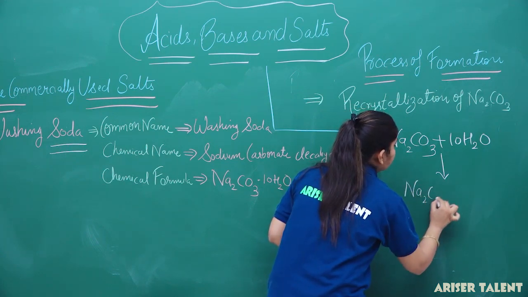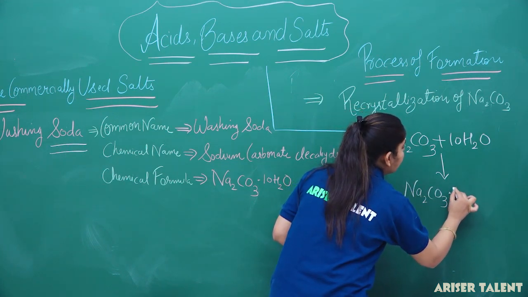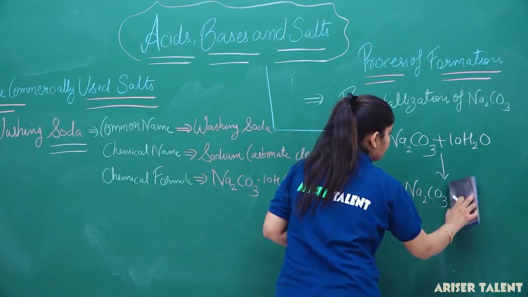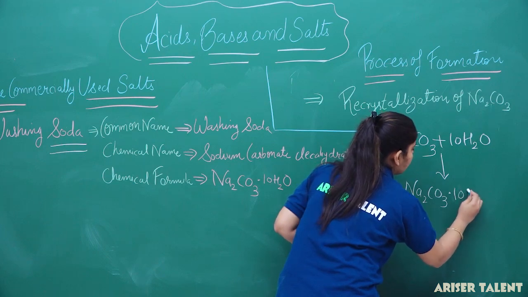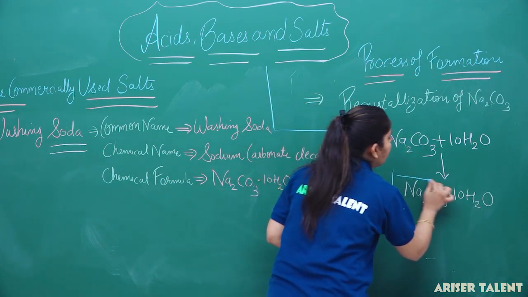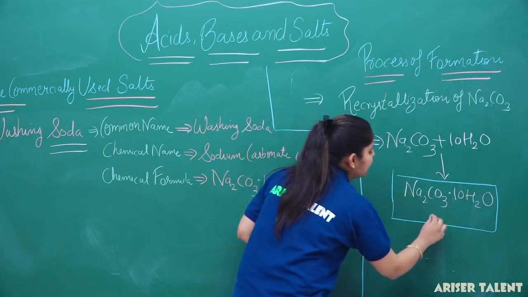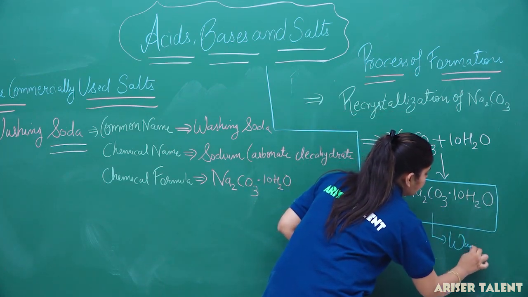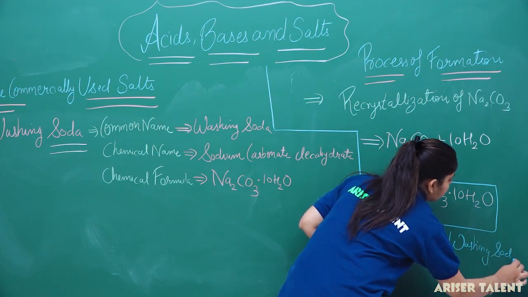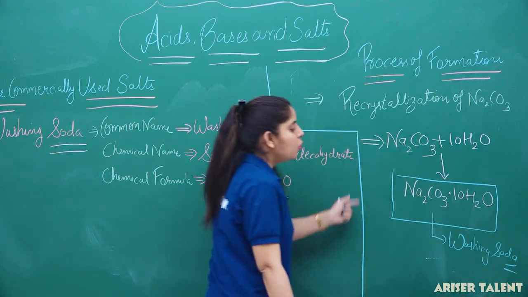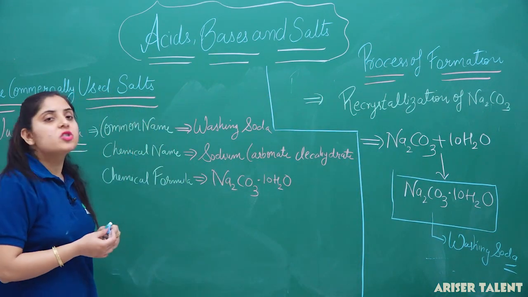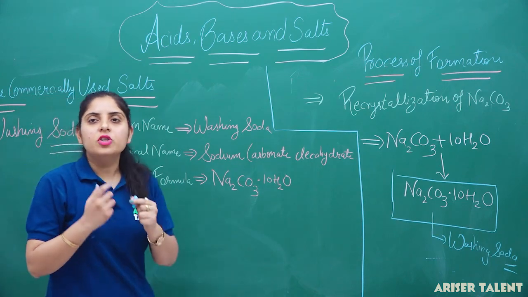We will get Na2CO3.10H2O. So this is actually our compound we want to obtain, and this compound is basically known as washing soda. So this will be our product we want to obtain. So this will be the basic formation for the process of the washing soda.